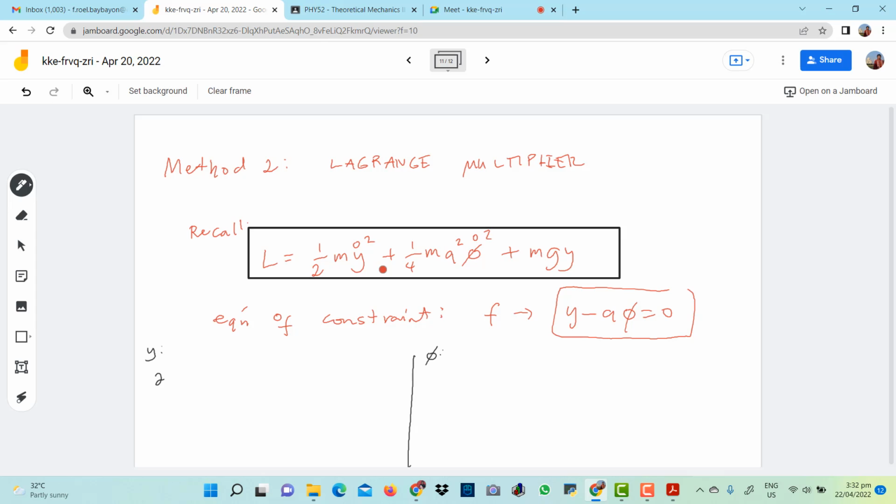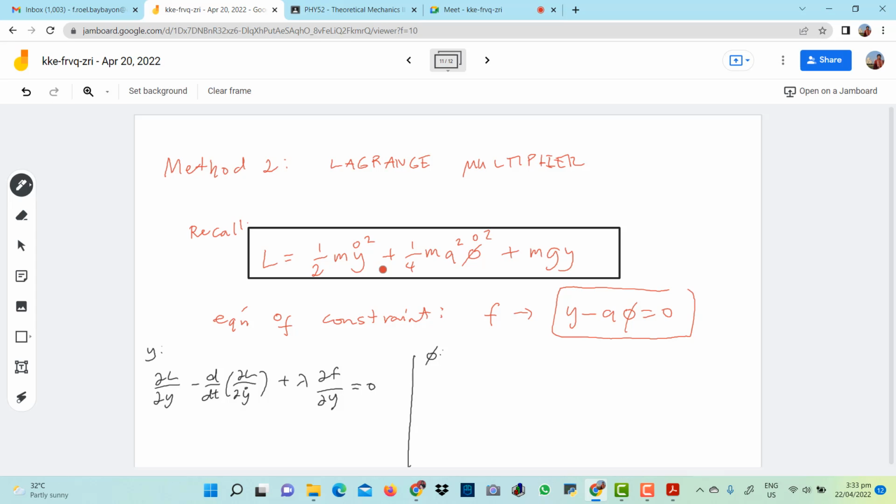So I have partial L with respect to y minus d/dt of partial L with respect to y dot plus lambda partial F with respect to y equal to 0. Take note, lambda is any function. It can be a function of time or it can be a constant.